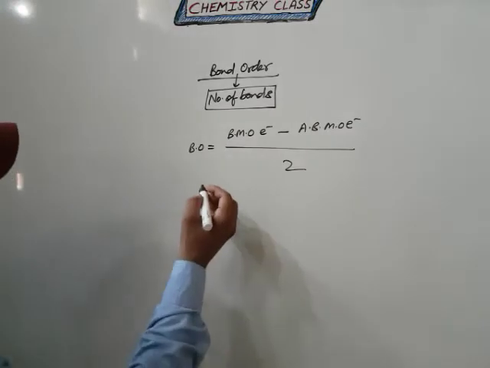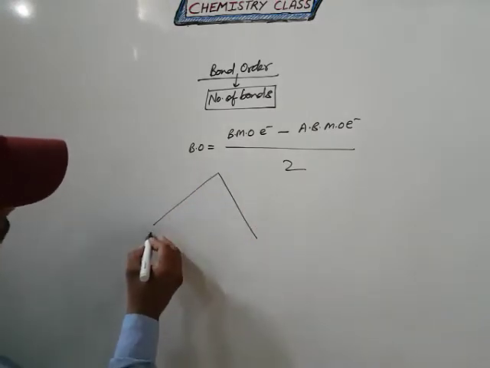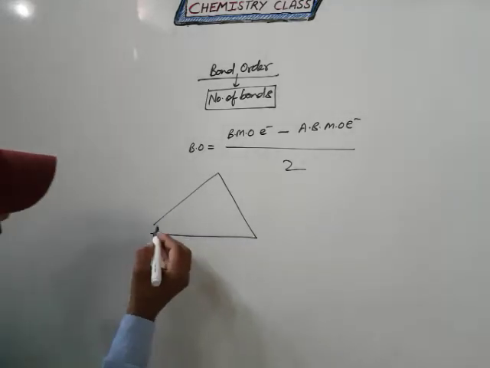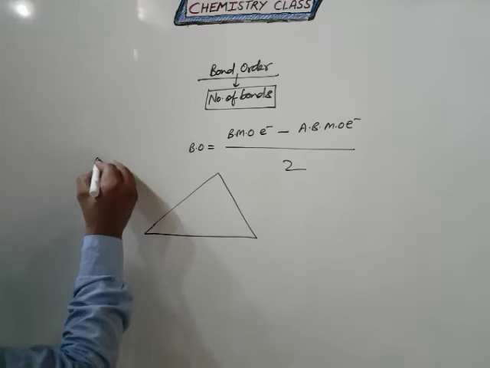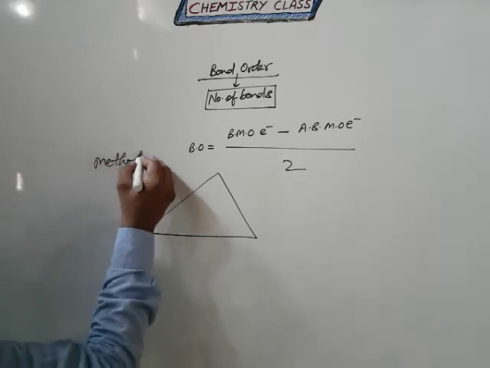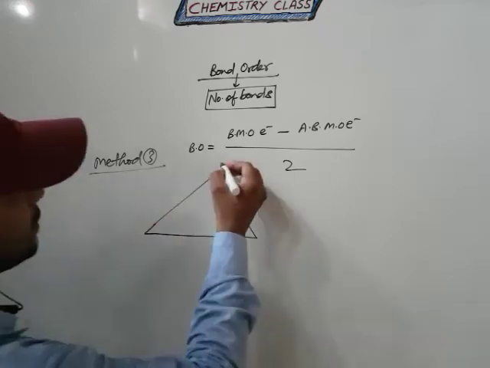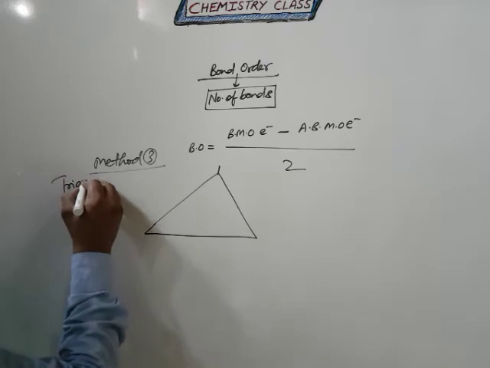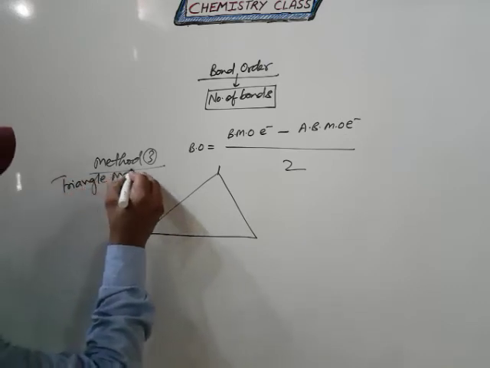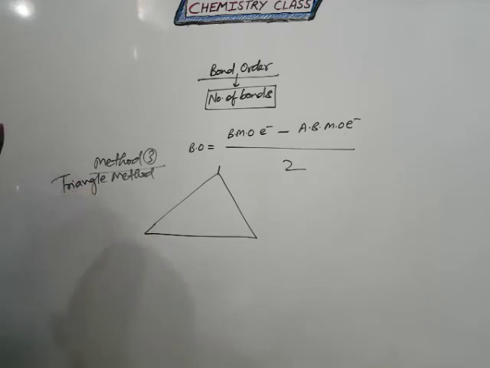But if you want the answer within 3 or 4 seconds, apply method third, which is the triangle method. The special name is the triangle method.